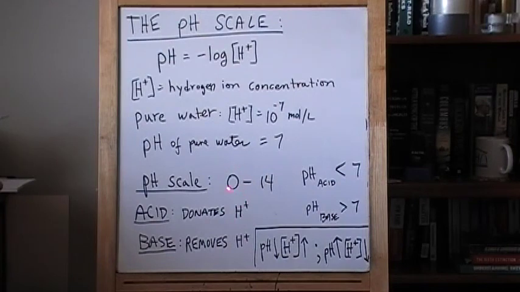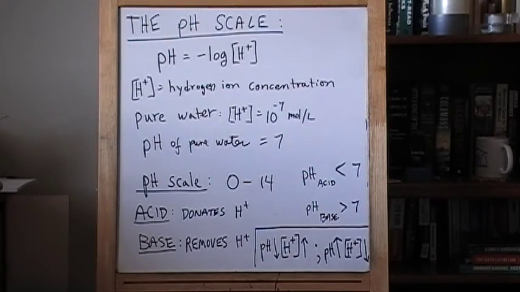On the one hand, if you have a pH of 1, what would that mean? A pH of 1 would mean 10 to the minus 1 mole per liter. That's 1/10 of a mole per liter, 0.1 mole per liter. And that's a huge amount of hydrogen ion. That's the pH of battery acid.